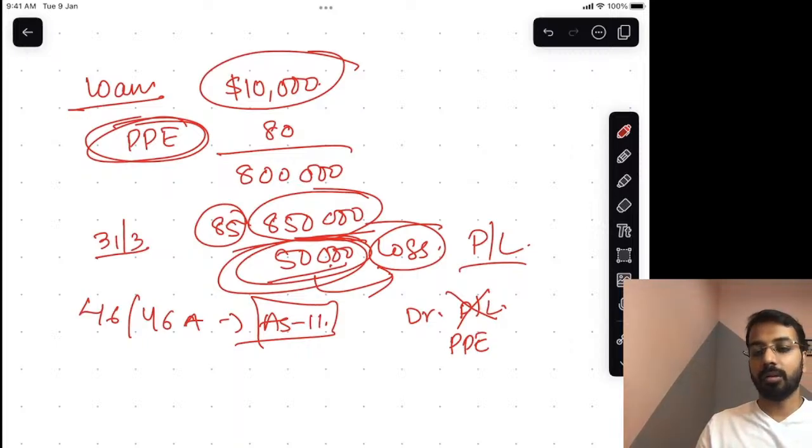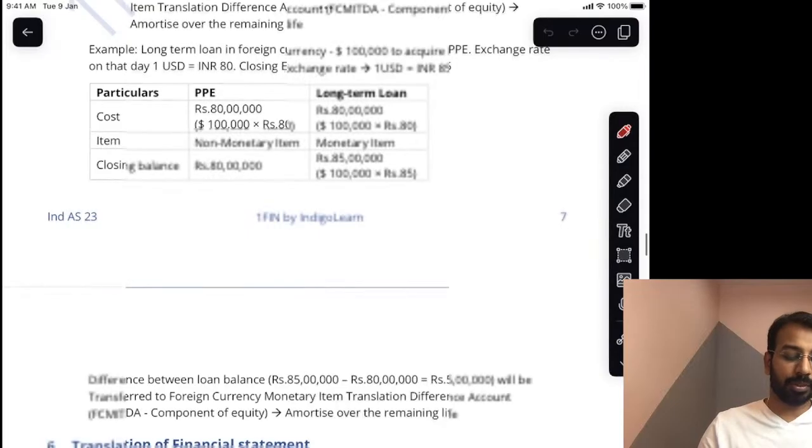Okay. Now, IAS does not have a similar provision, and what Ind AS 101 has done is they have allowed an entity to choose on an optional basis that whatever is the exchange gain or loss on a long-term monetary item, if it is used to acquire a depreciable asset, then you can add the foreign exchange gain or loss to the depreciable asset.